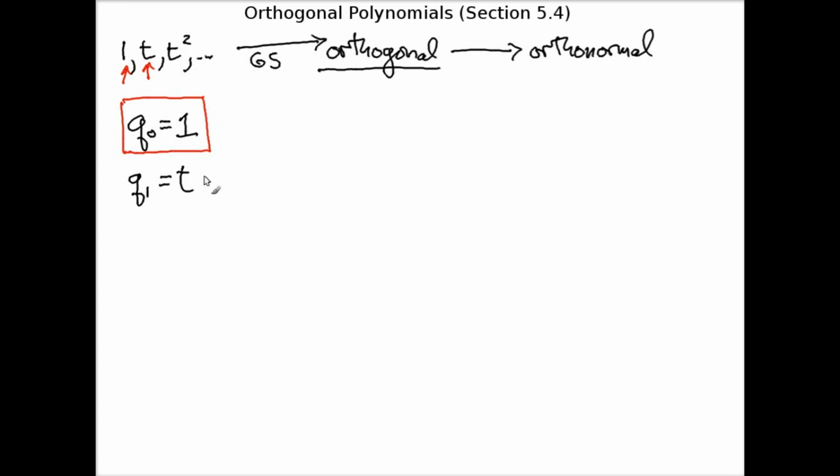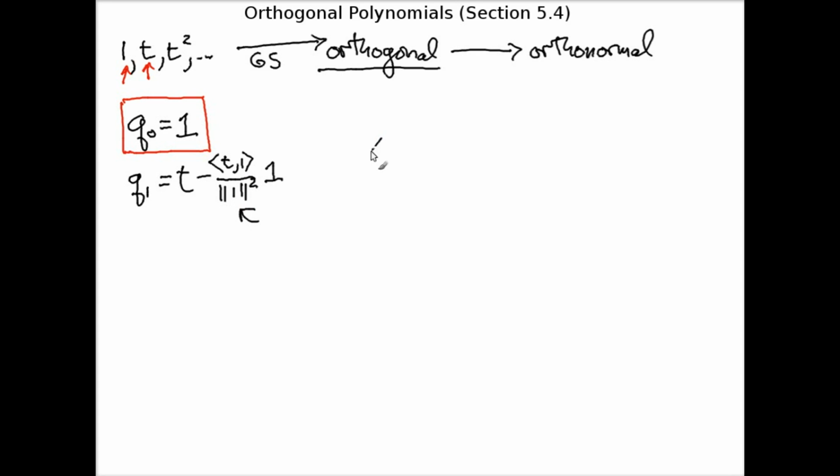And remember, you add some constant times the preceding Q0, and the constant is given by the inner product of t with the preceding guy over the length of the preceding guy squared. And you've got to be a little careful now. When you see this, it looks a little funny, but this 1 is the constant function. So we just have to compute this thing.